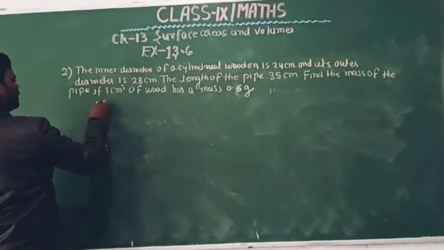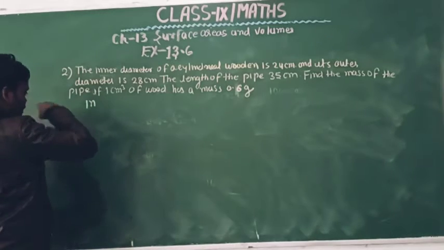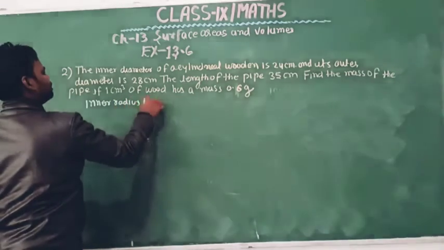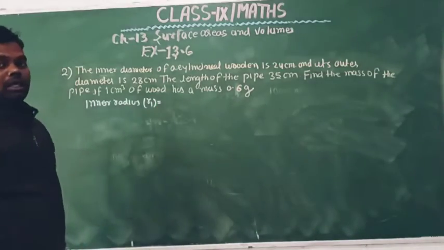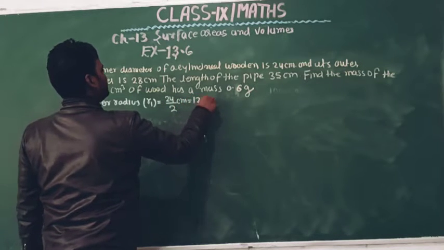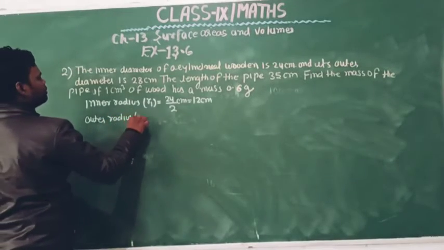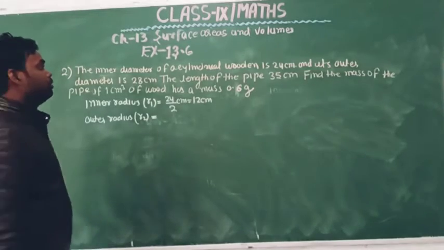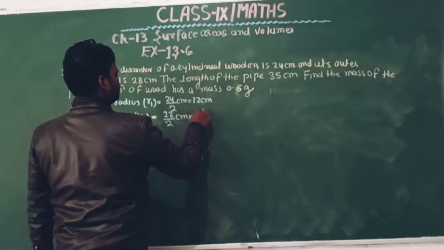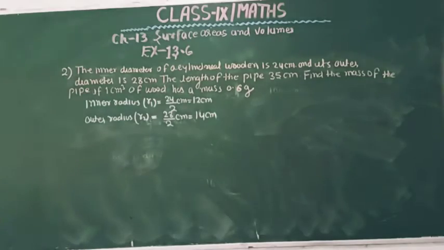Suppose the inner diameter is d1, so the inner radius r1 equal to d upon 2, means 24 upon 2 centimeter equal to 12 centimeter, and the outer radius r2 equal to 28 upon 2 centimeter equal to 14 centimeter.